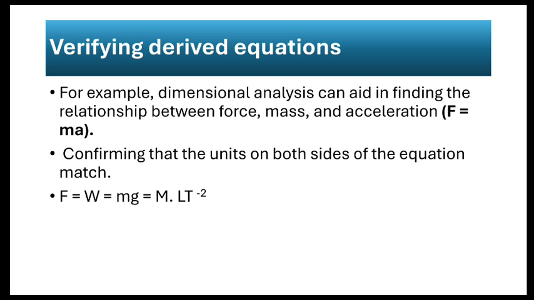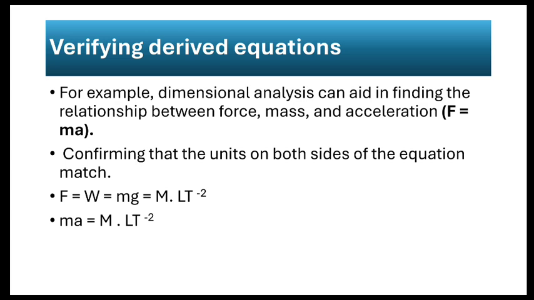If I go to the right hand side, m is mass, and for mass, capital M is the dimension formula. If you go for a, that is acceleration, the dimension formula is L t power minus 2. Hence the dimension formula of F is M L t to the power minus 2, and even the dimension formula of ma is M L t to the power of minus 2.